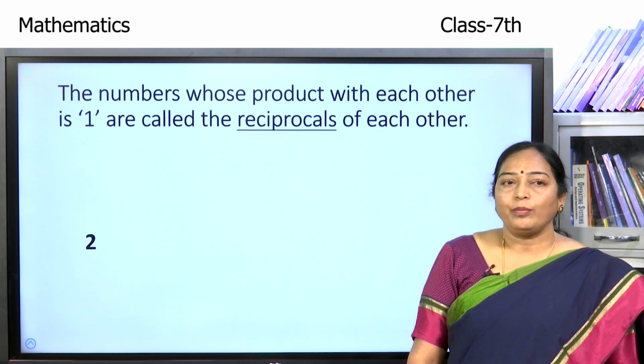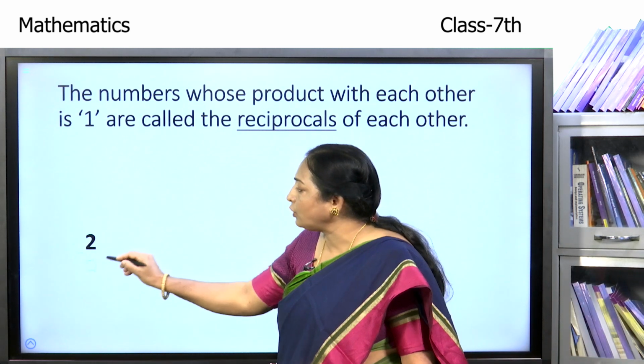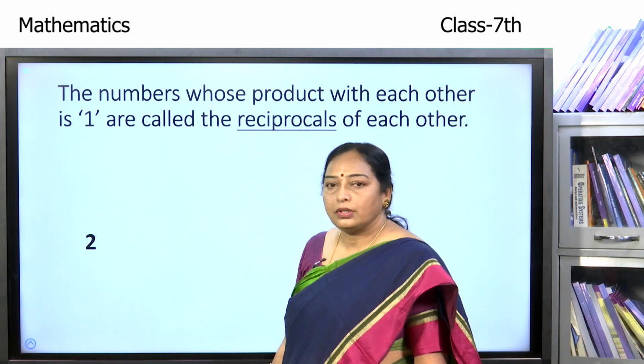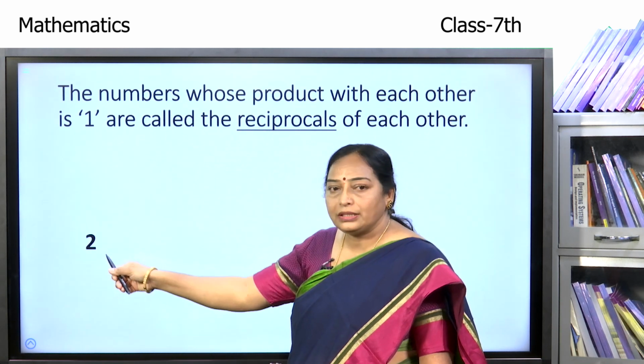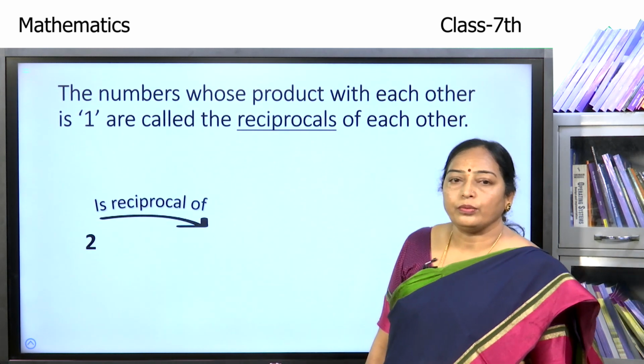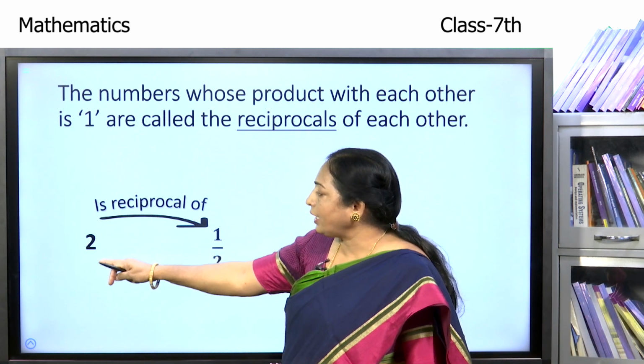Taking the number 2, what is the reciprocal of 2? What is the fraction form of 2? 2 by 1. The reciprocal of 2 is 1 by 2, by interchanging the numerator and denominator.